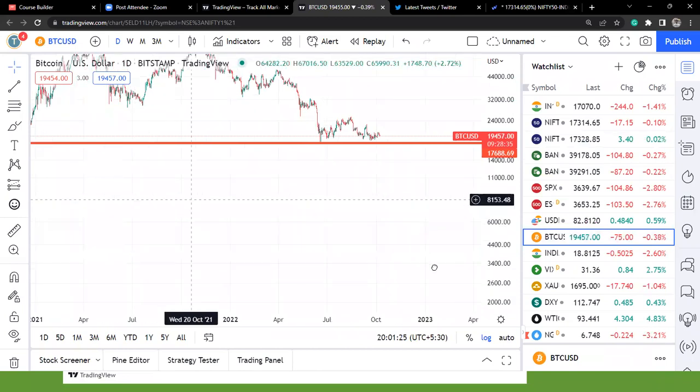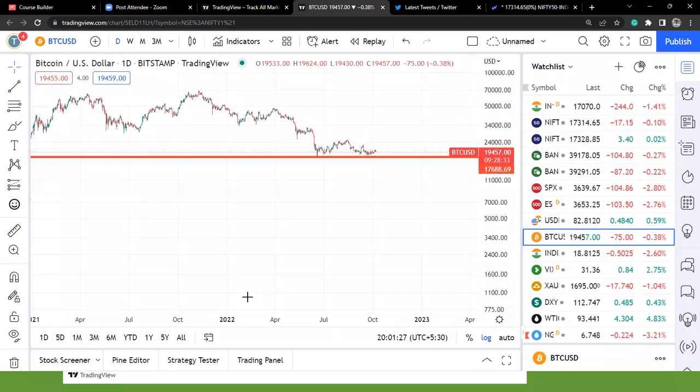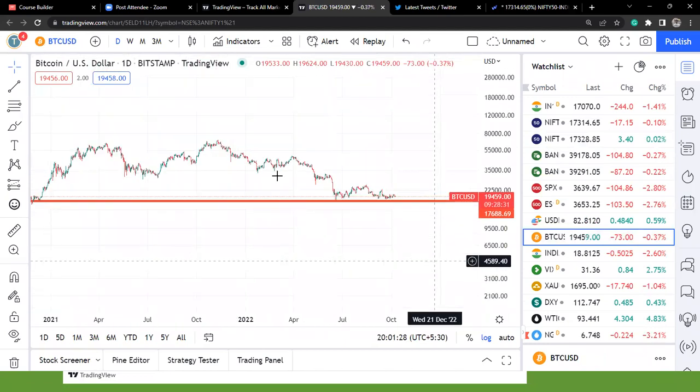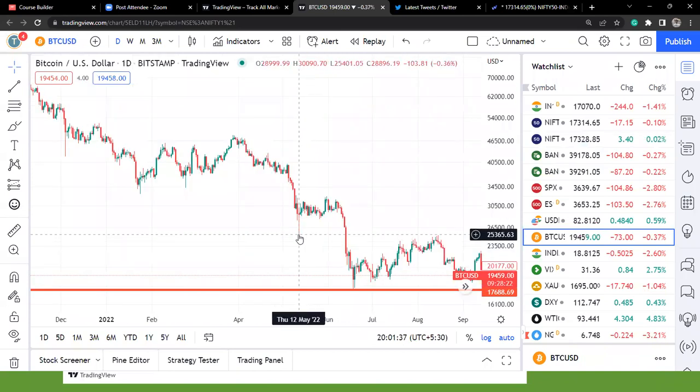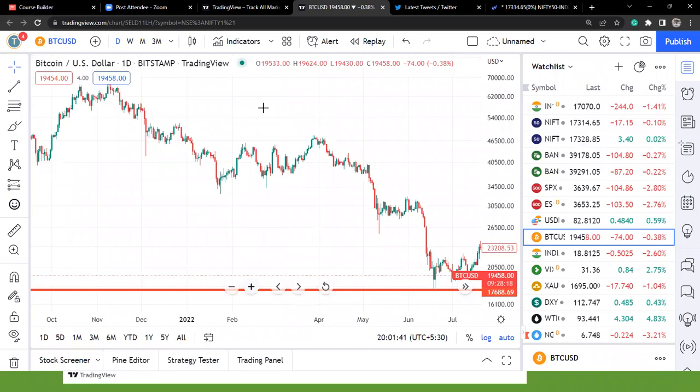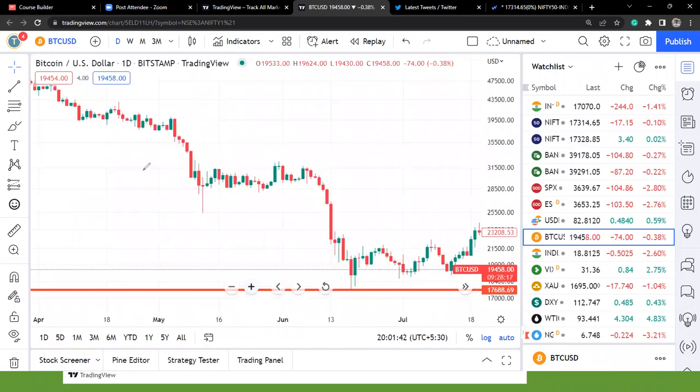Let me show you. I'll zoom it out. You might be able to see the excess, right? On the 12th of May, we had an excess. You see that post the excess, what is happening here is there is a follow through, but not enough follow through.